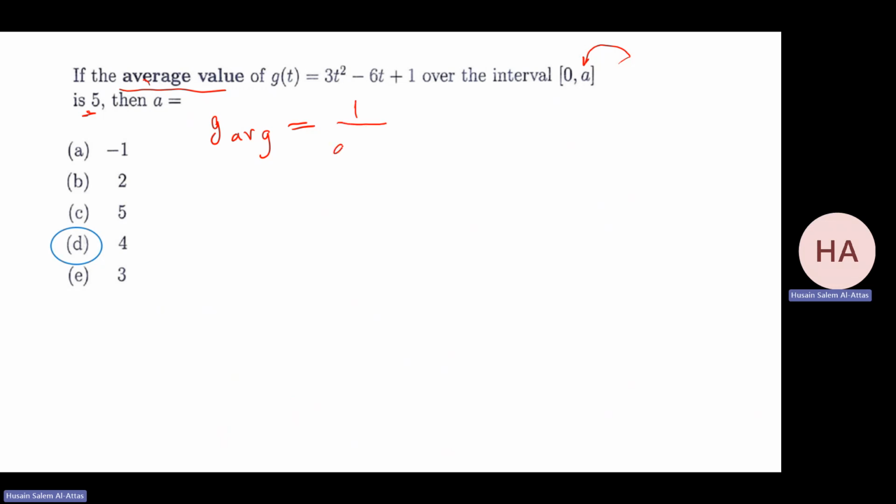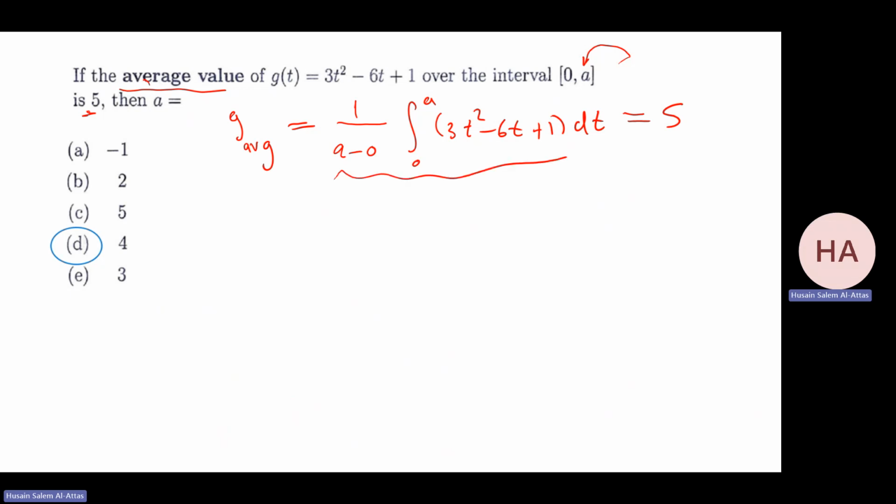g average will be 1 over A minus 0, integral from 0 to A of 3t squared minus 6t plus 1 dt. I know in this calculation g average should be equal to 5. Find A. So do the calculations.